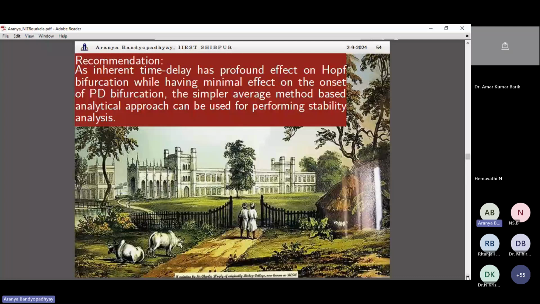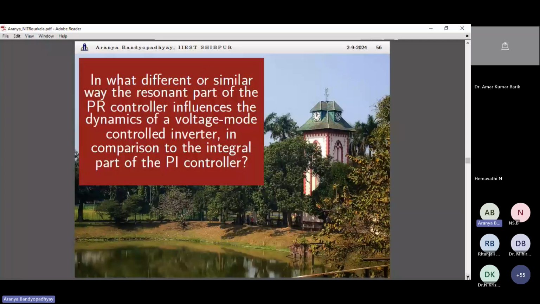Now let us take the case of the proportional resonance controller. Why? Because when it comes to the proportional resonance controller, it has manifested, I think, for an active power filter or something like that, by a Japanese group.